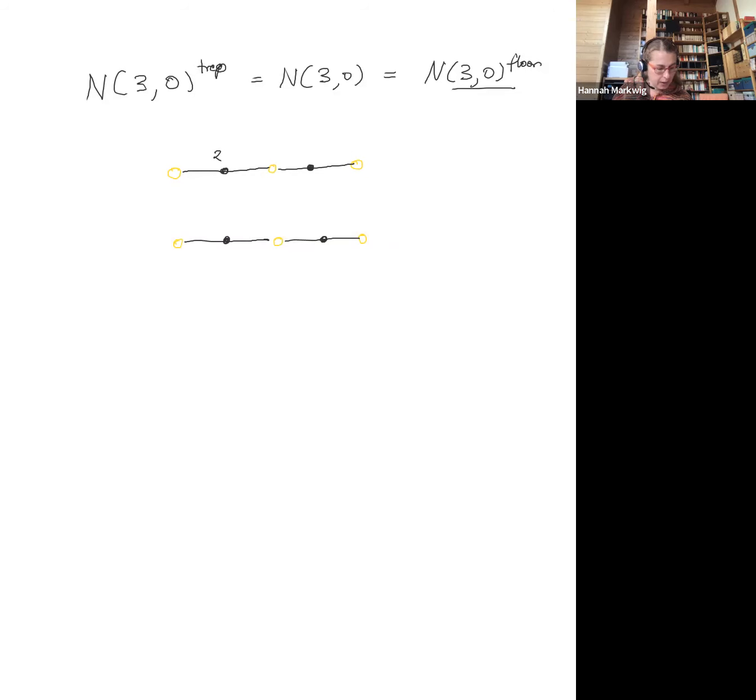In that case, however, there has to be another edge leaving here because of this condition about the weights of the incoming and the weights of the outgoing edges. Here, this is already settled because 2 come in and 1 leaves. Here, only 1 comes in and 1 leaves. So there needs to be another edge in this direction. So what are the possibilities for this edge? What could it do?